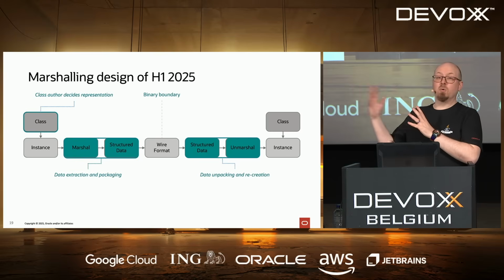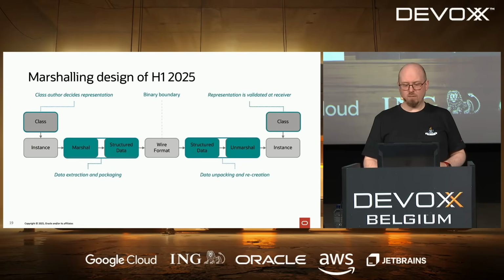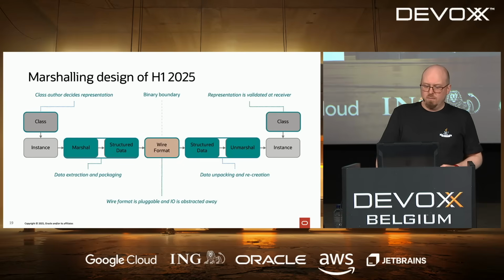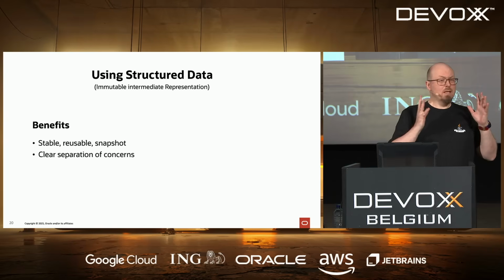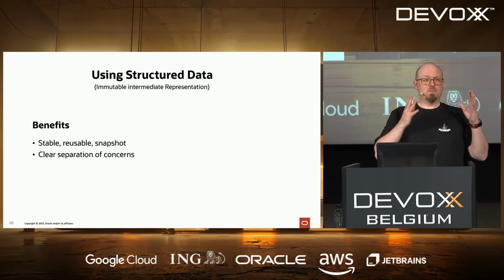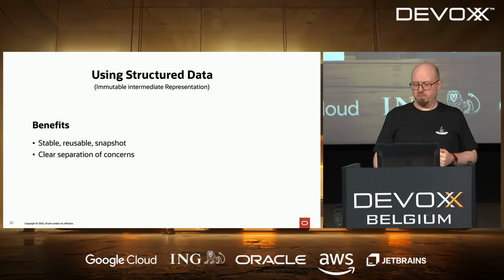And then you could just unmarshal it on the other side and recreate it, so you run it in reverse. So the good thing about this model is that you have this really clean handoff. There is no interaction between the consumer of the snapshot and the producer of the snapshot. So that's a benefit. There's a stable, reusable snapshot, and there's a clear separation of concerns.